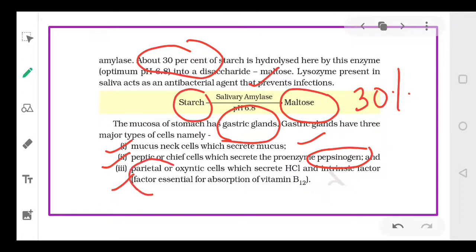Your parietal cells secrete HCl, and because of the HCl, the environment in the stomach is acidic. So your gastric glands produce gastric juice, and that juice contains three things: mucus, the pepsin enzyme, and HCl.